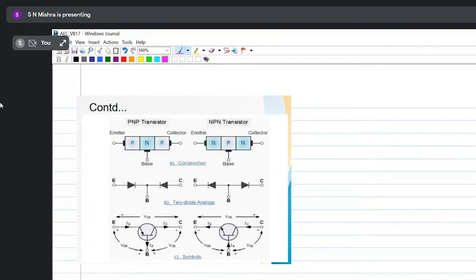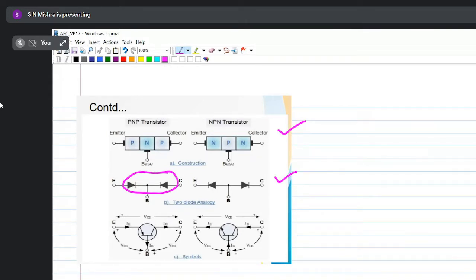Now let us go for some other concept. This one we have discussed, this one we have discussed. You can see the diodes are connected back to back conceptually, not practically, because we have two junctions.